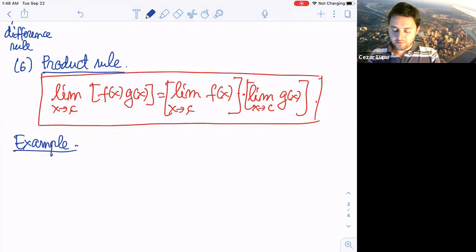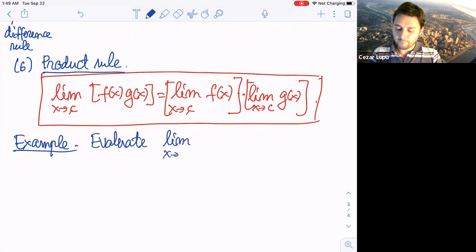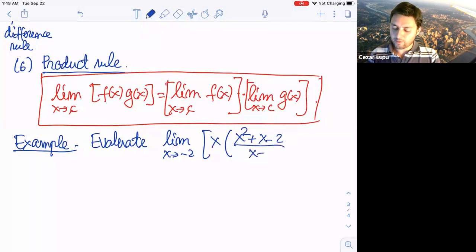Let's see something similar. We would like to evaluate the limit as x approaches -2 of x times (x squared plus x minus 2) over (x plus 2).